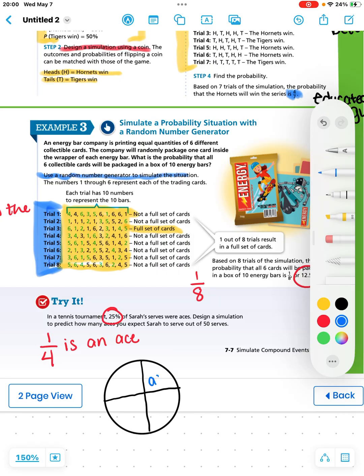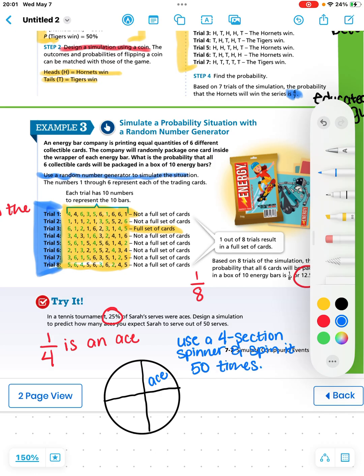And of these 4 sections, one of them can be an ace, and you simply spin it 50 times. So we can use a 4-section spinner, and spin it 50 times.